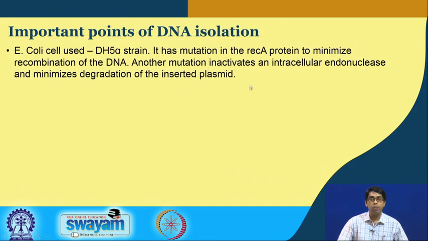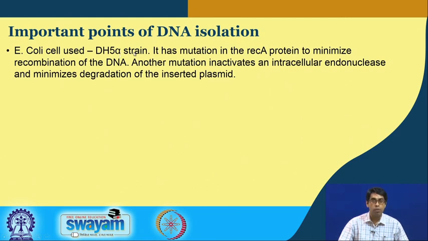So, the important points that we have covered, I have listed them in these last two slides. The cell that we used for the purification of plasmid DNA was DH5 alpha cells. So, that is a particular strain that we used.